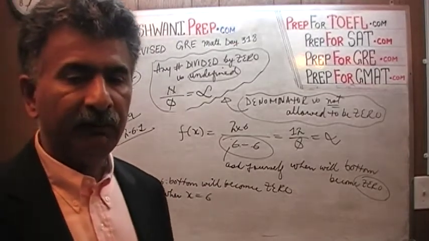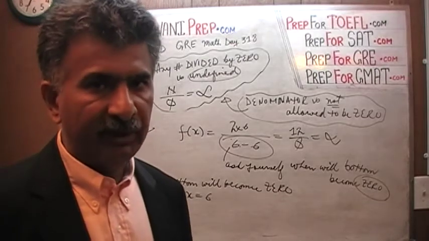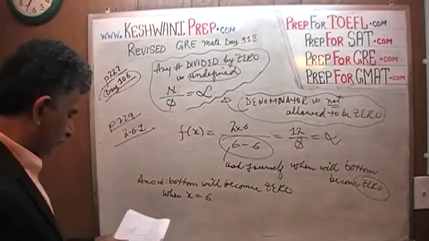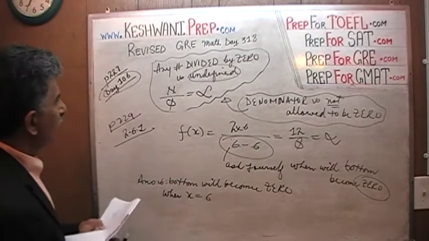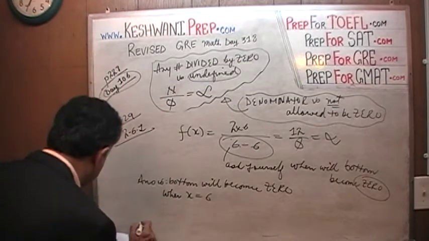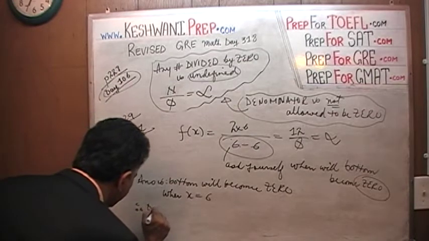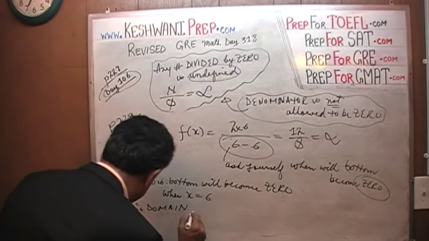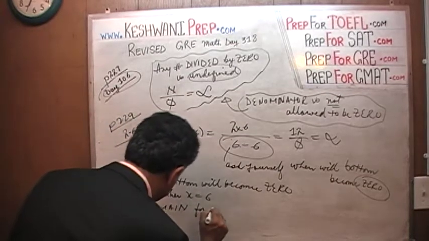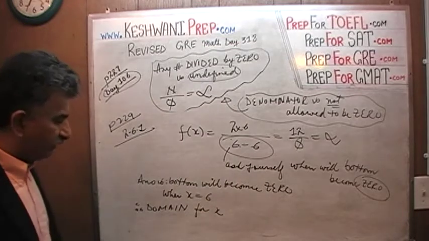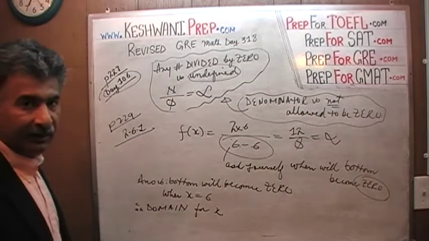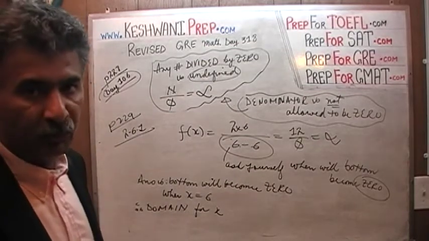Here the domain is all real numbers except when x is equal to 6. So here I need the room again as always. Therefore the domain for x. Now this part that I said, domain for x, I just realized that that is redundant. That's what domain means.